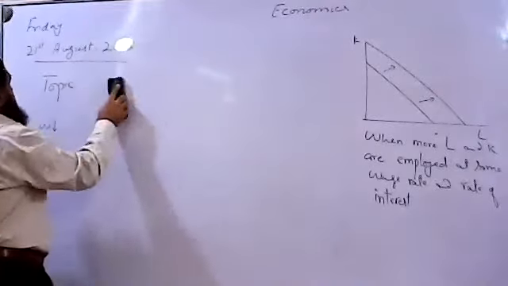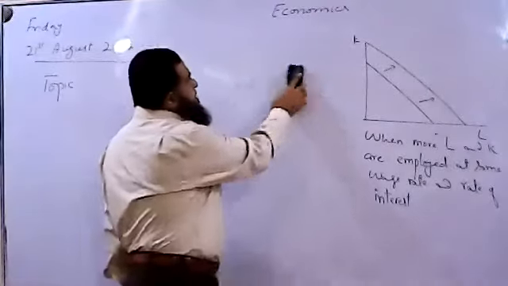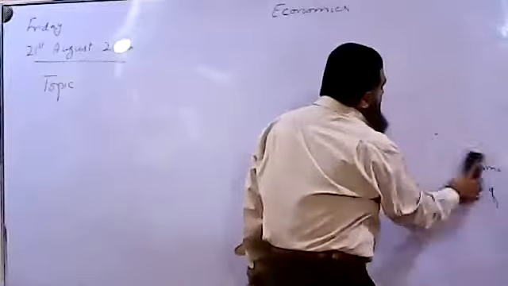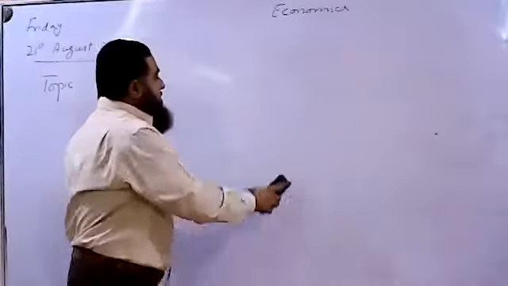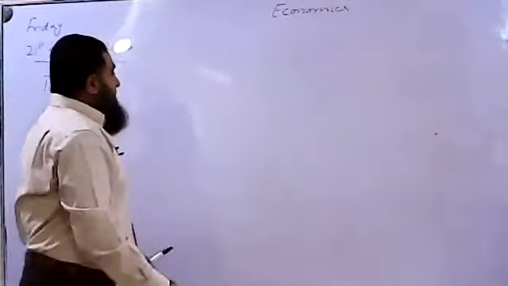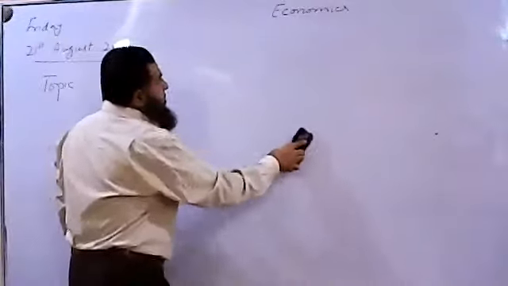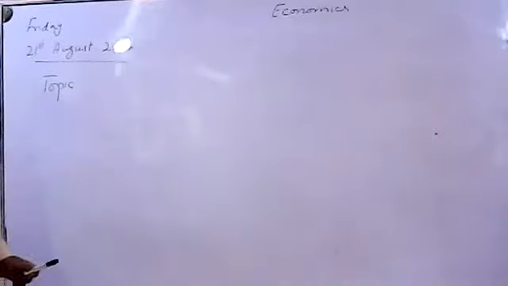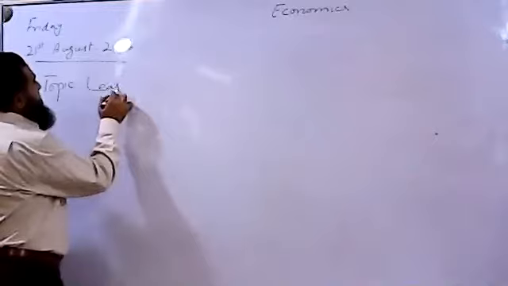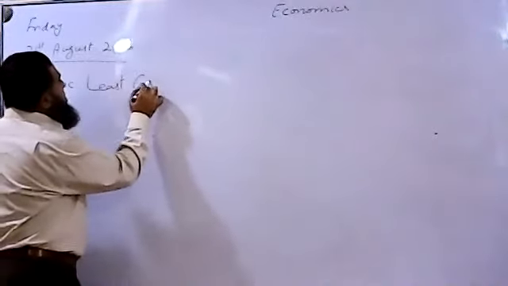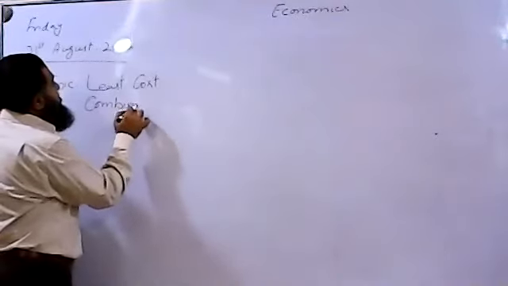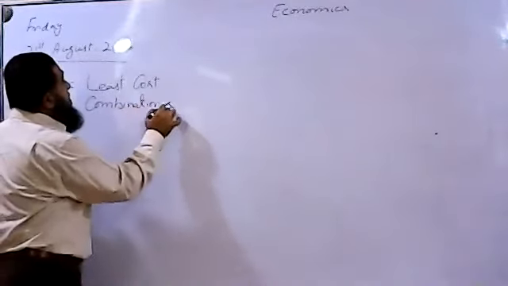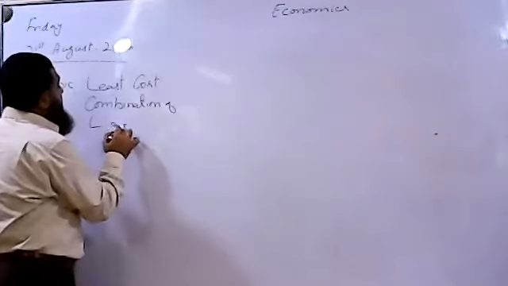he needs both the isoquant and the isocost line, where the isocost line is making a tangency condition. What is it? The tangency condition with the isoquant curve, then we say that point will be the least cost combination of labor and capital.